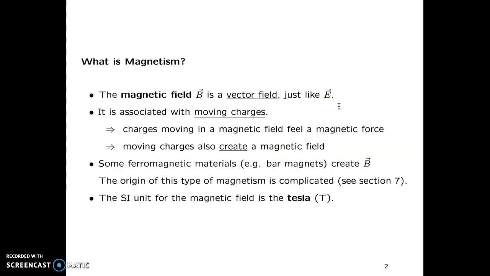Well, the first thing I want to start with is the magnetic field. So there is something which is kind of like the electric field. We call it the magnetic field.